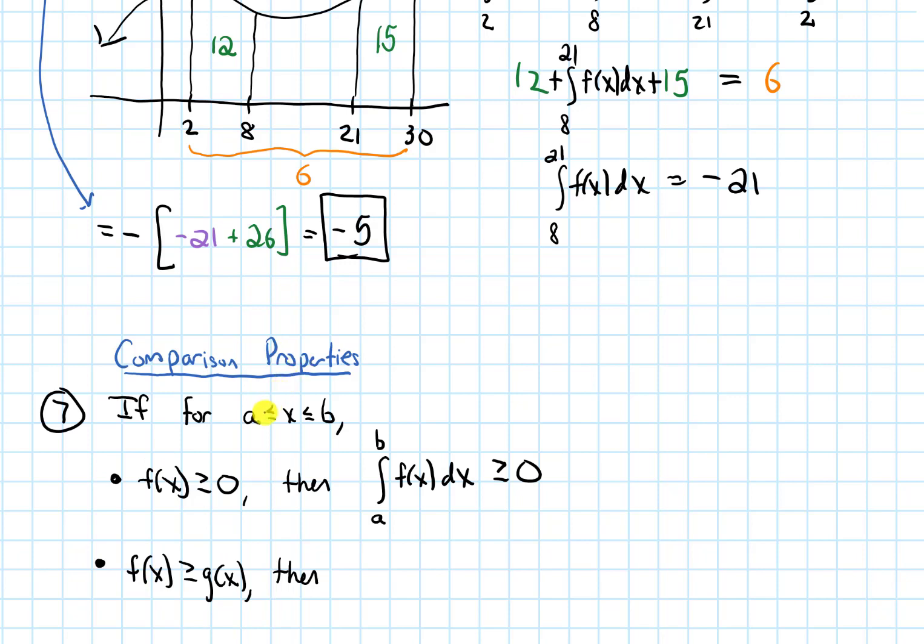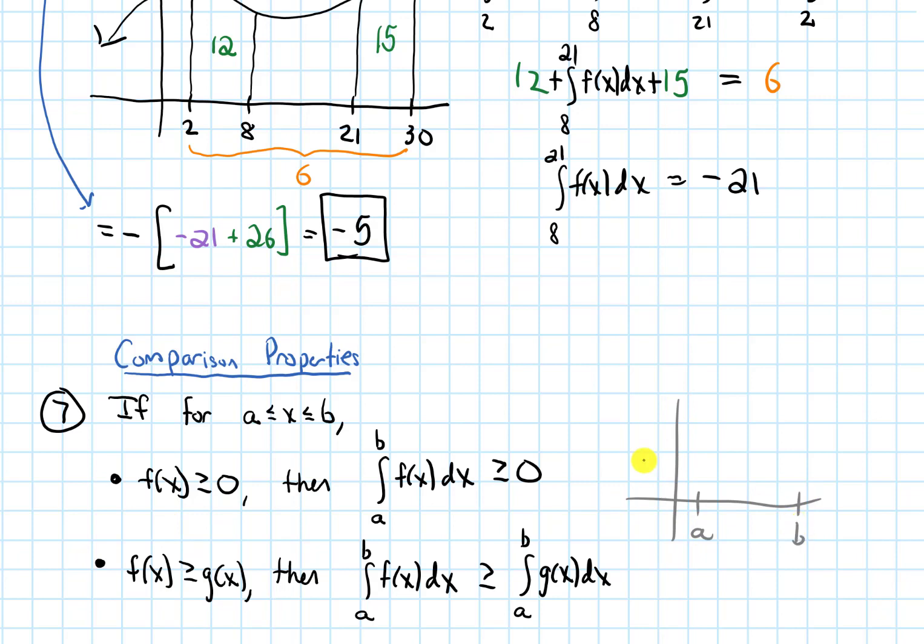Okay, the second portion says if for all values of x on that interval from a to b, f of x is greater than or equal to g of x, then the integral from a to b of f of x should be greater than or equal to the integral from a to b of g of x. So conceptually, let me draw a picture.